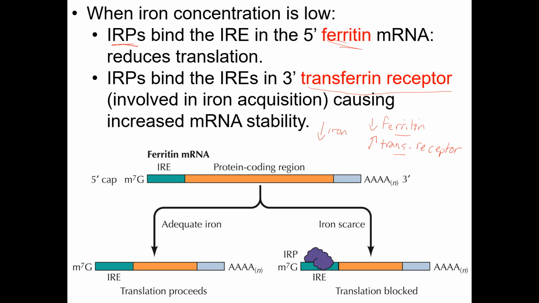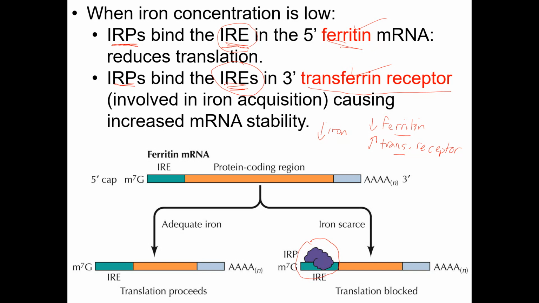With the same thing, an iron response protein and an iron response element, these two mRNAs actually have completely different responses, because the iron response element is in a totally different place. So for ferritin, the iron response element is on the 5' side where the ribosomes attach, and it blocks translation.